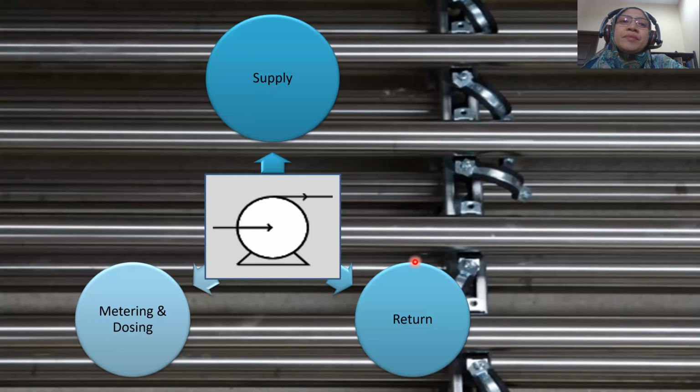These are the three main functions of pumps in a CIP system: to supply, to return the CIP medium, and to perform metering and dosing of concentrated chemical.